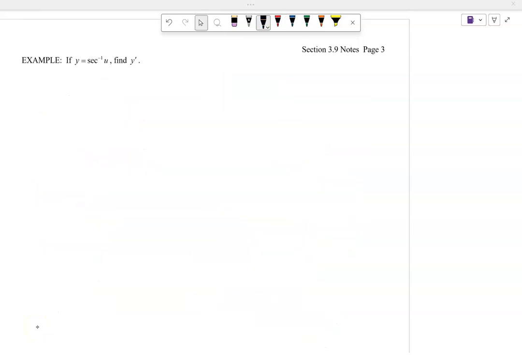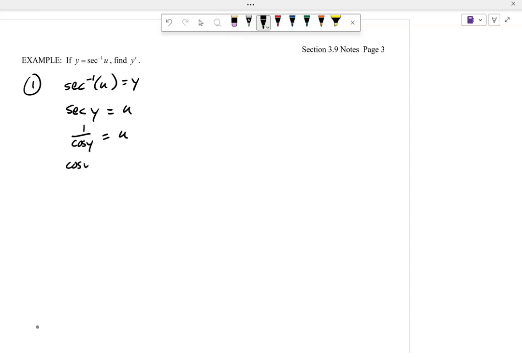So what about the arcsecant if we're finding that derivative? Let's do the same thing. If we have the arcsecant of u equals y, then we know the secant of y equals u. Secant is the inverse of the cosine, so in other words, 1 over cosine equals u.